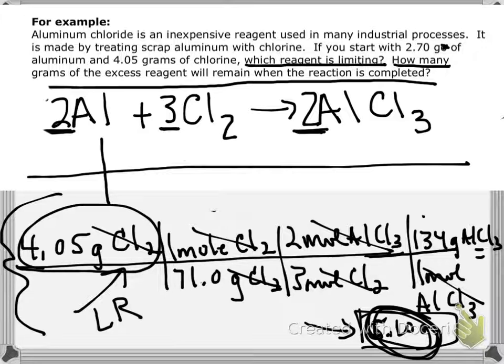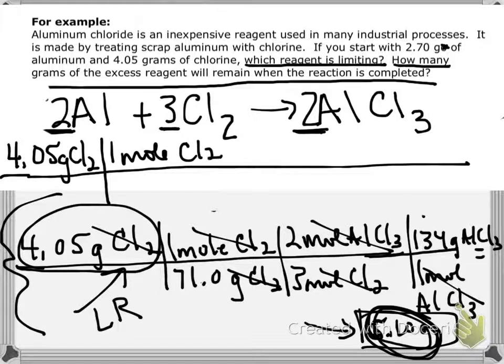So I'm going to take this limiting reactant amount, chlorine, 4.05 grams, and I am going to do a third stoichiometry problem where I see how much aluminum was used with that amount of chlorine. So 1 mole of chlorine weighs 71 grams because it's diatomic. Okay, and then I'm going to do a mole-to-mole ratio between chlorine and aluminum.